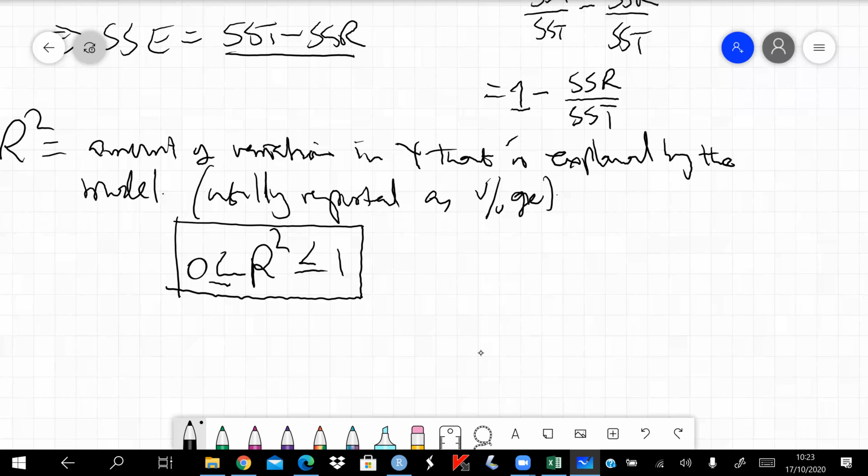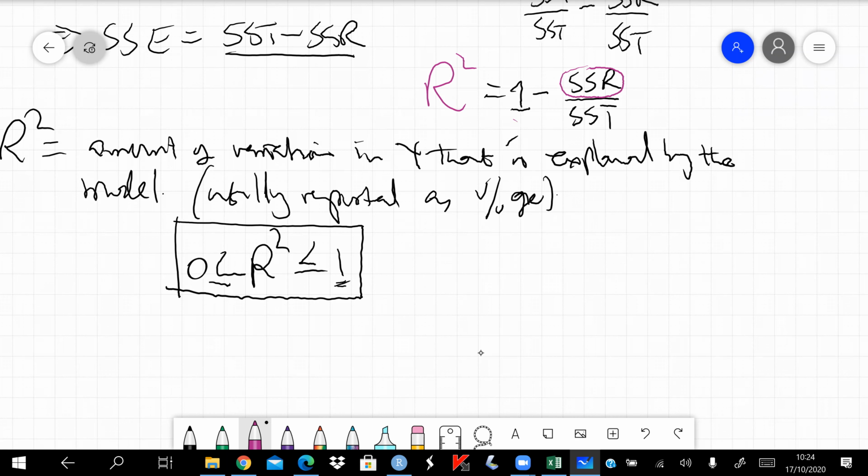If your R squared is equal to 1, it means you have a perfect fit where the sum of squares due to the residual is 0. If the sum of squares due to the residuals is 0, your R squared will be equal to 1. That's a perfect fit. It is very unlikely to occur, so in most cases it is between 0 and 1.